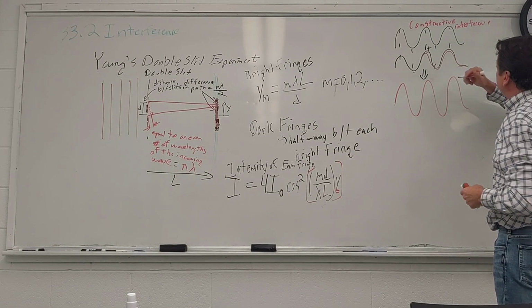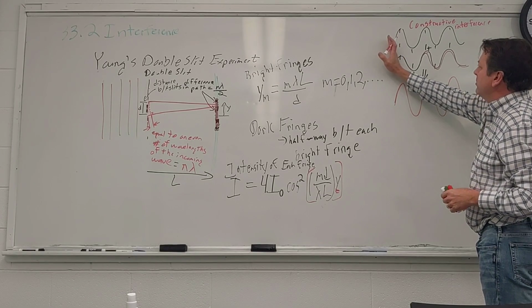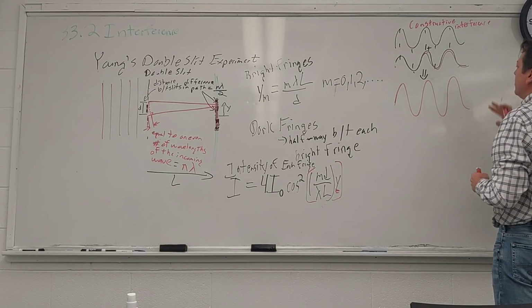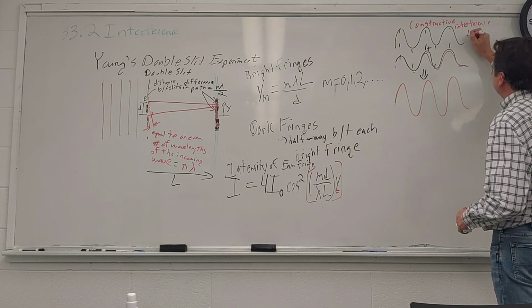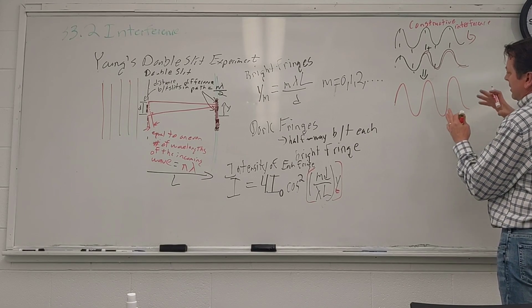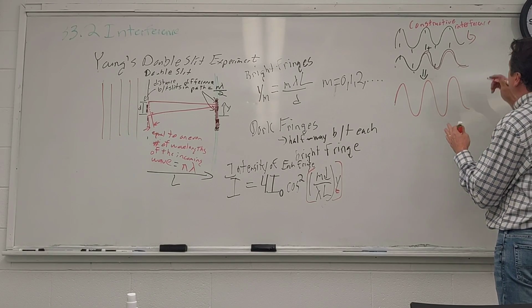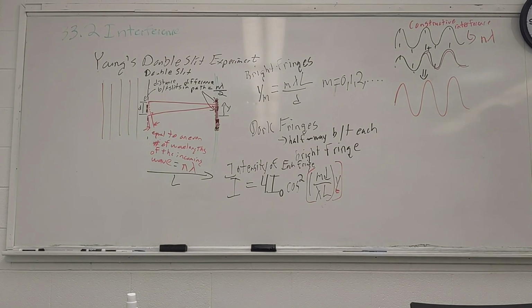So you have constructive interference. You don't know if the waves are dead on each other or if one just got pushed over by one wavelength increments. So when constructive interference happens, you know that the light itself, or the wave, is off by n lambda.